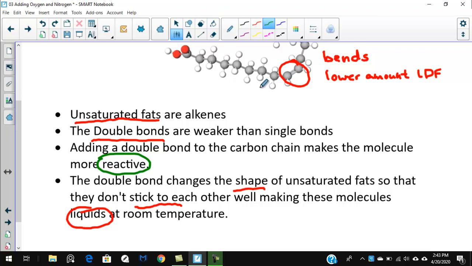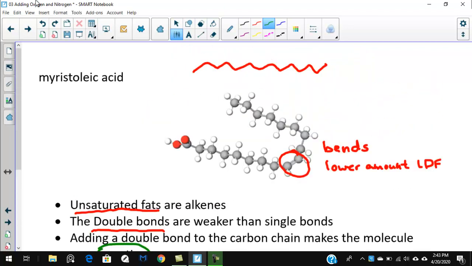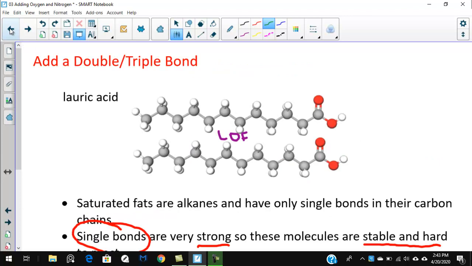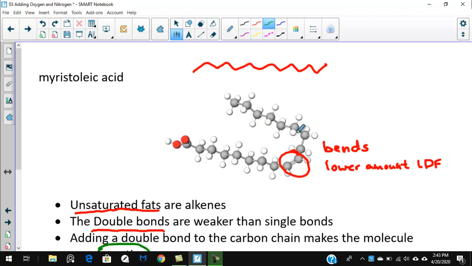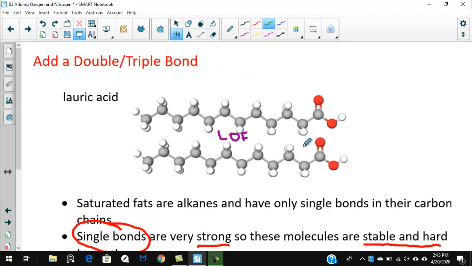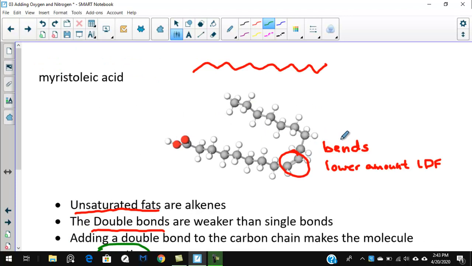And the only difference between this molecule and this molecule is the presence of a double bond. That changes it from being a solid at room temperature to being a liquid at room temperature. It takes a molecule that is not very healthy for us, and if it has double bonds in it, it becomes a healthier fat molecule for us.